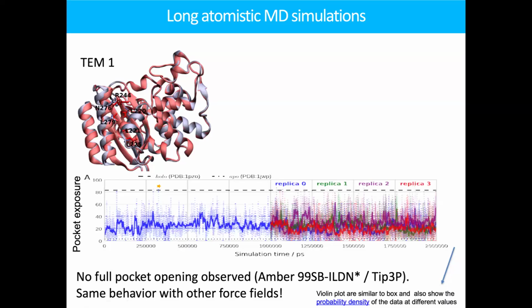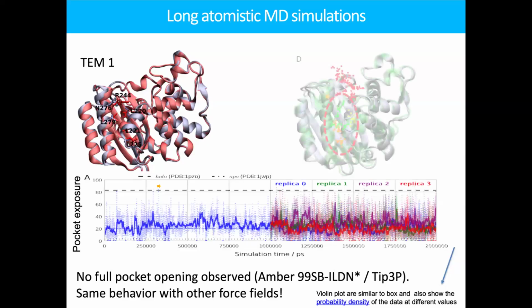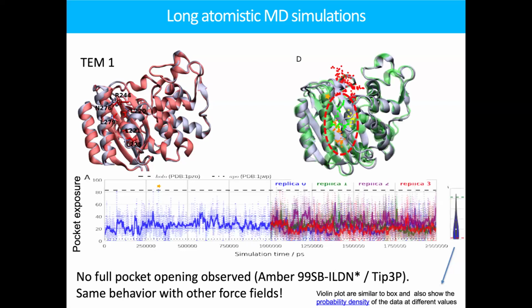And then if you didn't know where the cavity was, this wouldn't be very useful for drug design, because you wouldn't recognize a clear cavity there. So if we look at different methods to analyze the pockets, you see that there are some instances of opening there, but also the main pocket is predicted to be somewhere else. Not very useful.